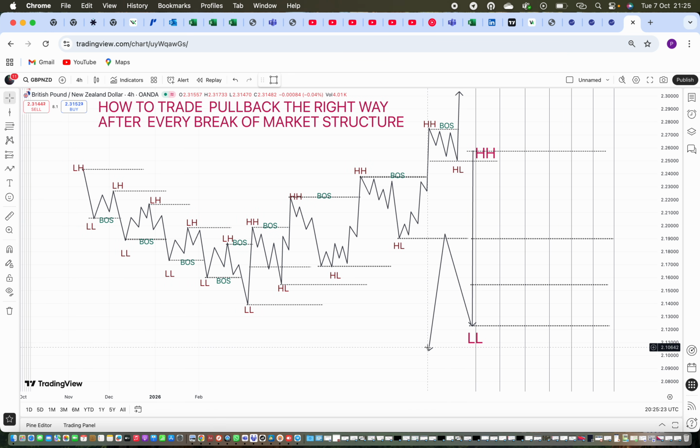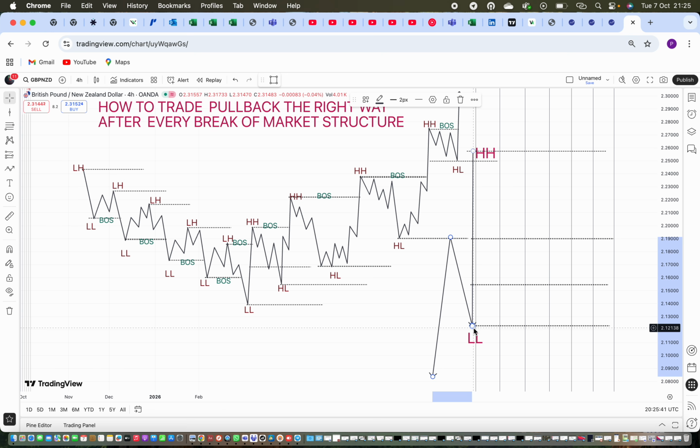And price, let's say price break this level. So price was coming from the down and we break structure and we created this new level. So now we are saying that this low here is this very low.